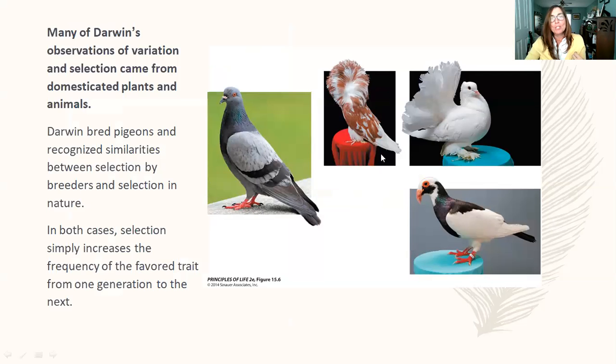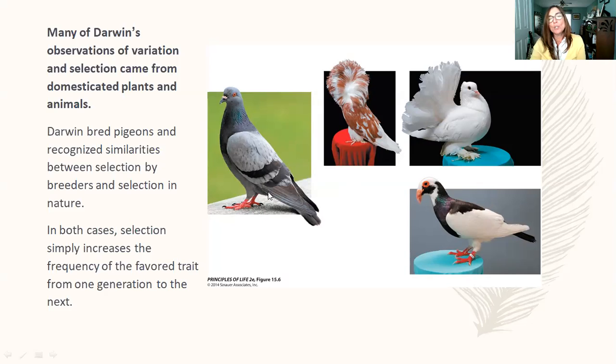Of course, we know how much Darwin loved his pigeons, and he was able to show us that all of the crazy different varieties that he talked about in his book were descended from the ancestor, the rock pigeon. All that had to happen was within the rock pigeon population, there might be a rock pigeon that's born with a variation where it has a fluffier tail or a curved beak or different types of coloring or feathers around its head.